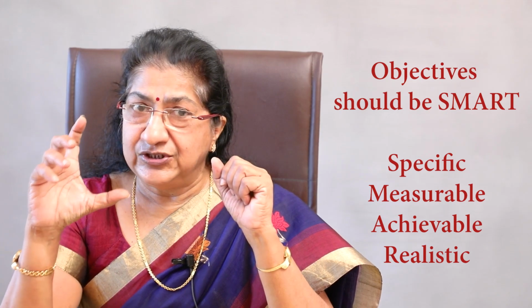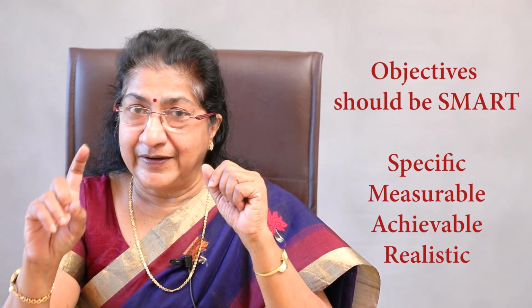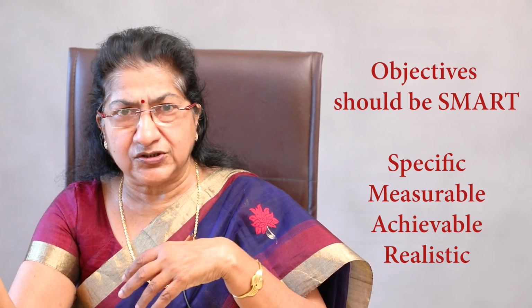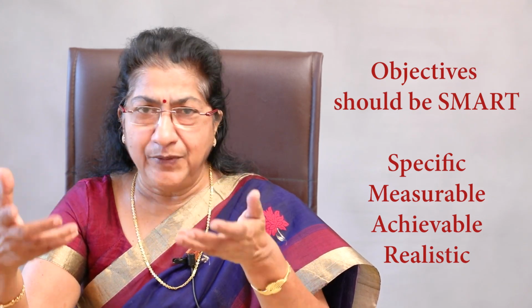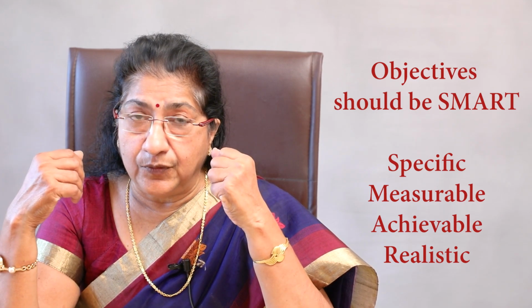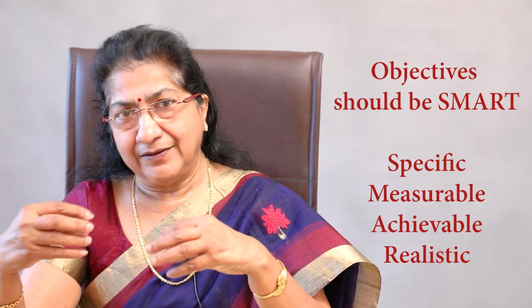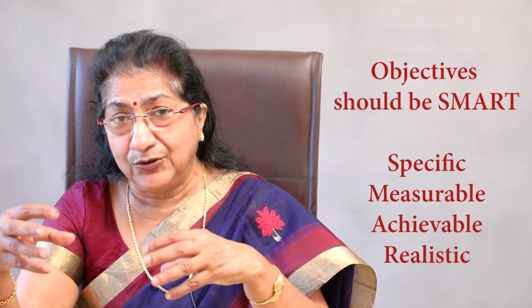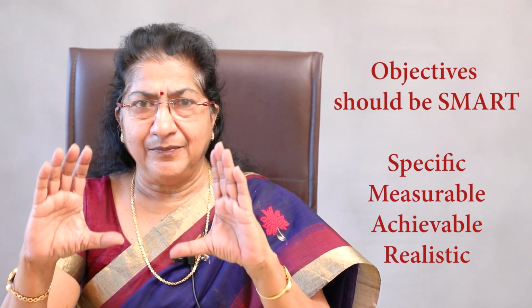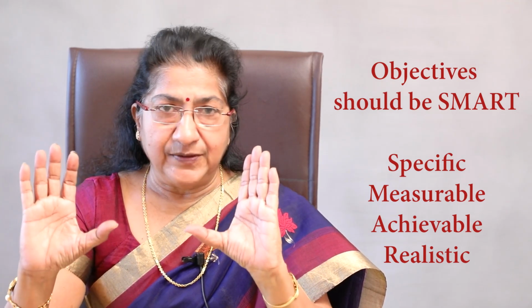So, for achievable, consider time and cost also. If it is too costly, then you may not be able to complete your task. If it is too time consuming, then also you may not be able to complete your task. So, it must be achievable.